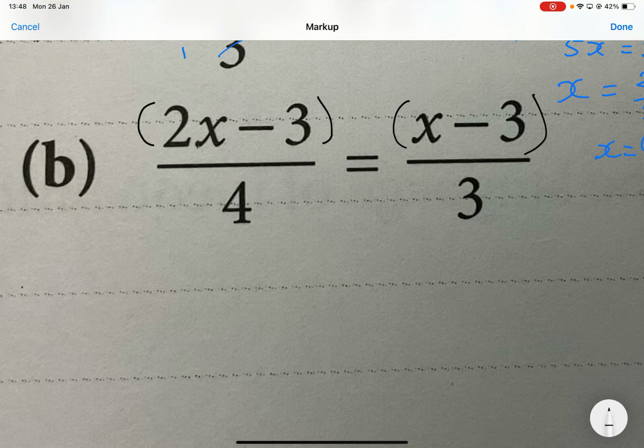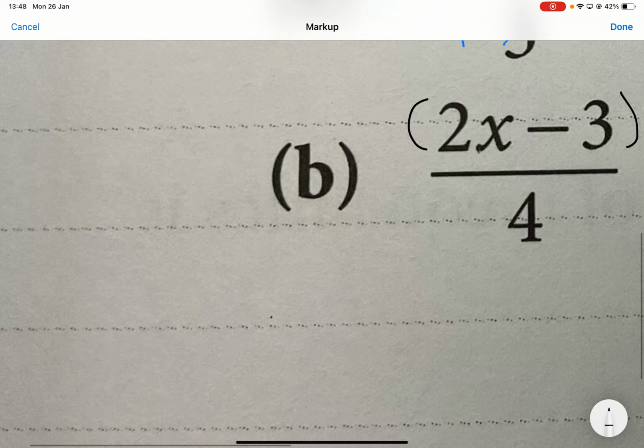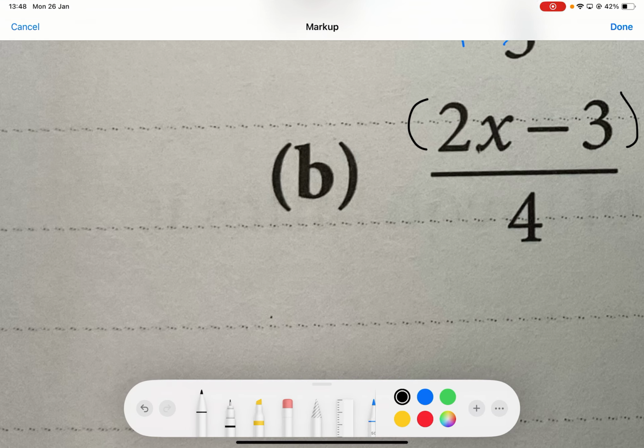Pay attention, part B important. They are fractions. So numerator got 2 terms, I put bracket. If I just look at my left, I don't want fraction, what will I do? Times 4, very good. Correct. I want to times 4.